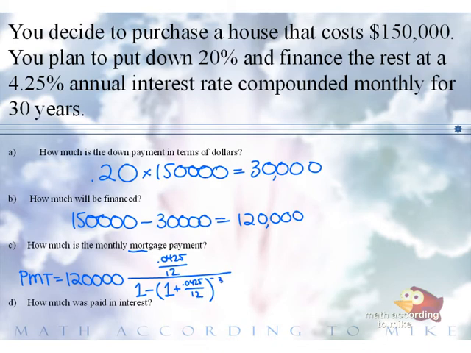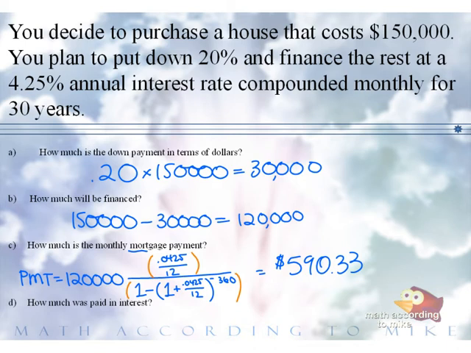So negative 360. Okay. Feel free to do it in one fell swoop or use your TVM solver. What did you get? Yep. $590? Okay. All right.